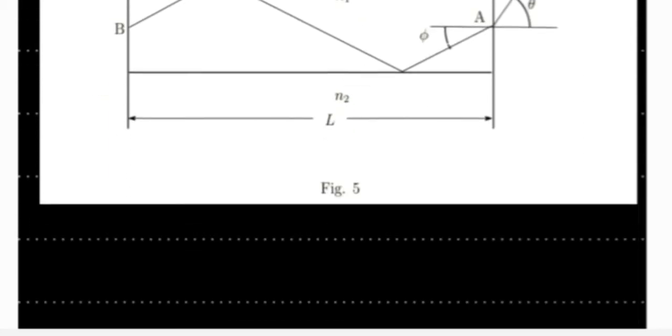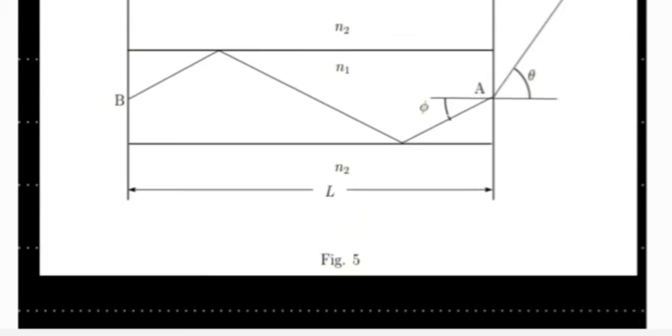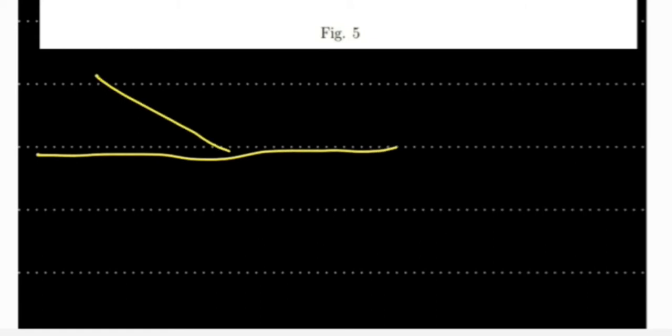For this question, all you need to remember is two things. Number one, if you have a light going like this, and like this maybe, there is a relation between these angles: Snell's law.